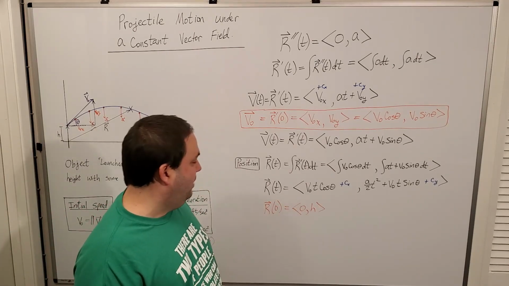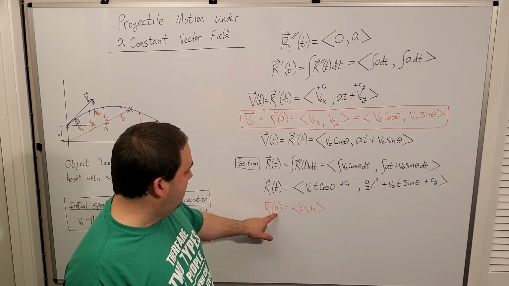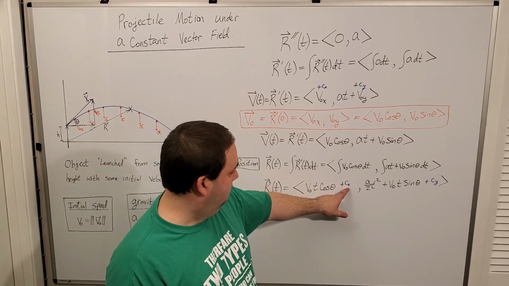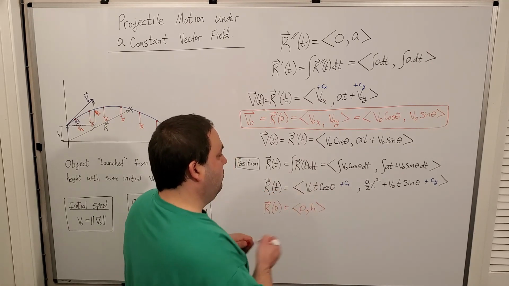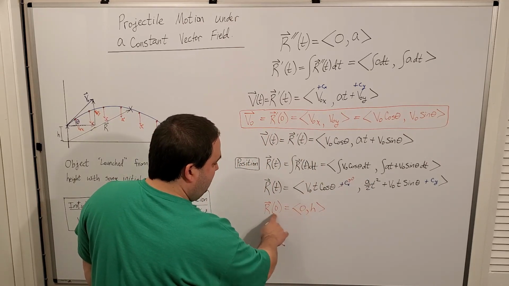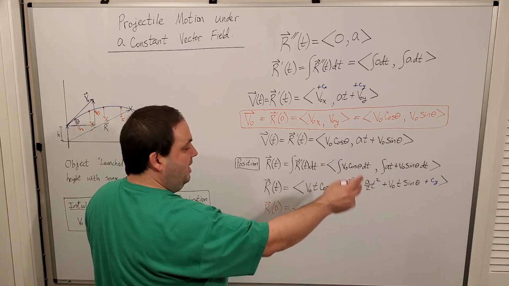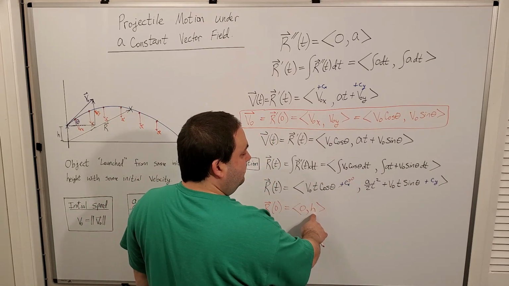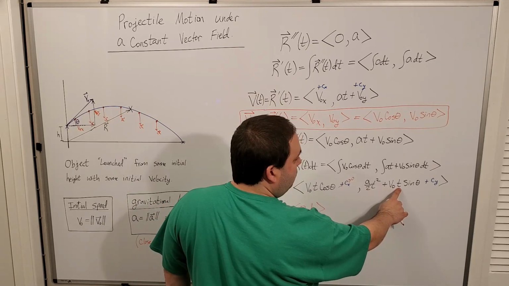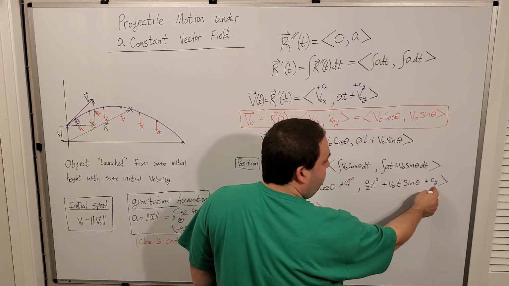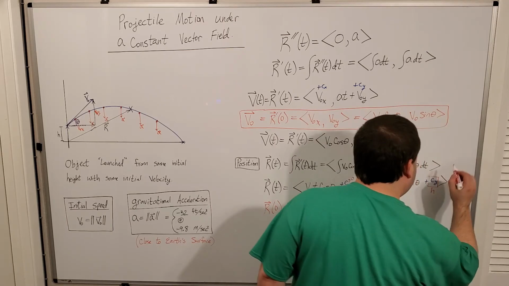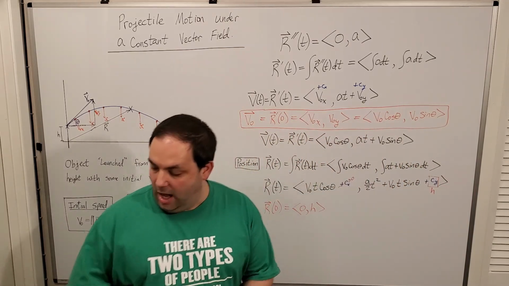But if I plug in 0 for t, this is 0 plus the constant. So my constant here must be 0, in order for this to be 0 when t is 0. Next, for this to be h, if I plug in 0, this is 0, and therefore 0 plus something has to equal h. That means that this constant of integration must be h, the initial height.